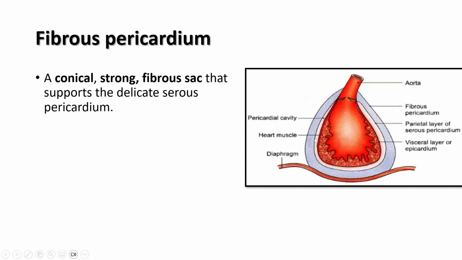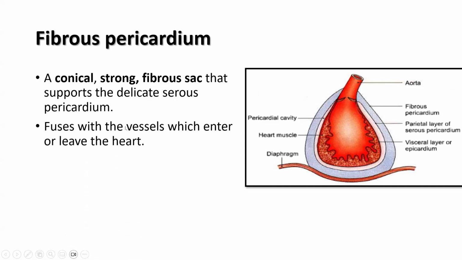That is the main function of the fibrous pericardium. It protects heart. It protects the delicate serous pericardium. And the fibrous pericardium fuses with the vessels, like this is a vessel. Here we can see fibrous pericardium fuses with the vessel which enter or leave the heart.